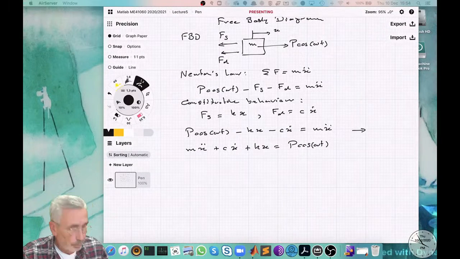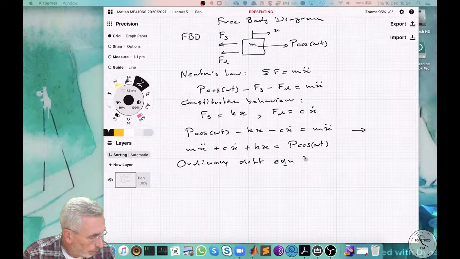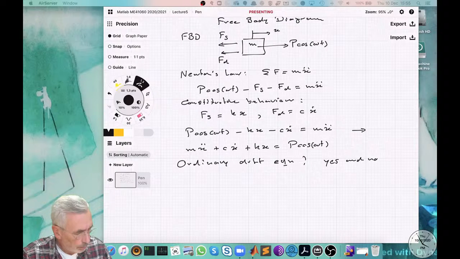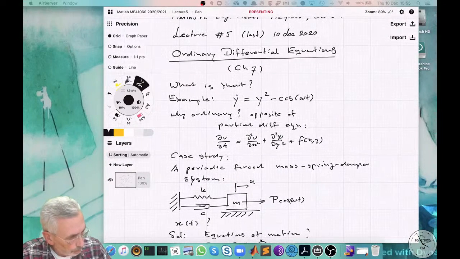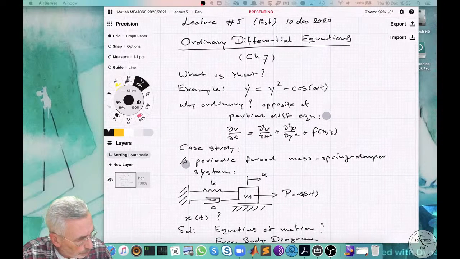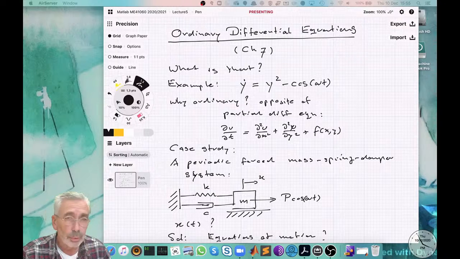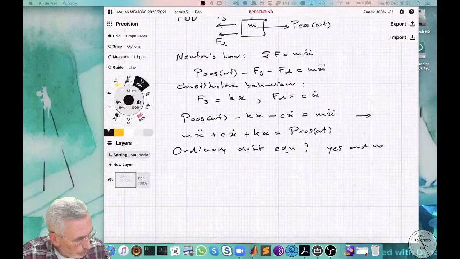Is this an ordinary differential equation? Well, yes and no, I would say. And why would I say yes and no? Because I see double dots and a single dot here, and when we go back to the beginning, where should you begin? Well, you should always go back to the beginning. I only saw one derivative, a first order derivative. So how are we going about with such a second order derivative?